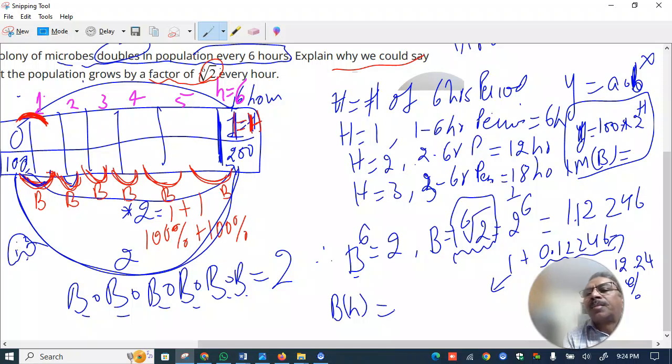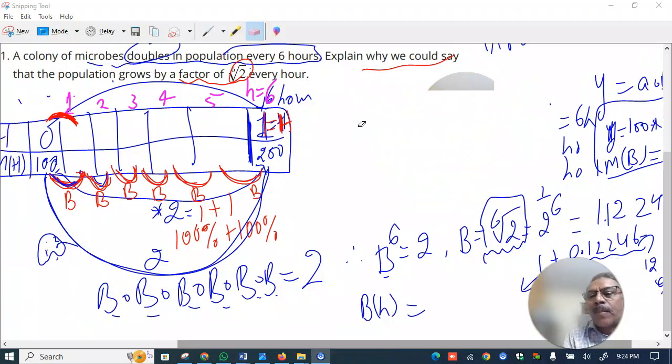Let me write here. So remember the number of hours, lowercase h, I can write as 6 times the number of 6 hour periods, that means the uppercase H. So when you divide by 6 on both sides, you get h over 6.